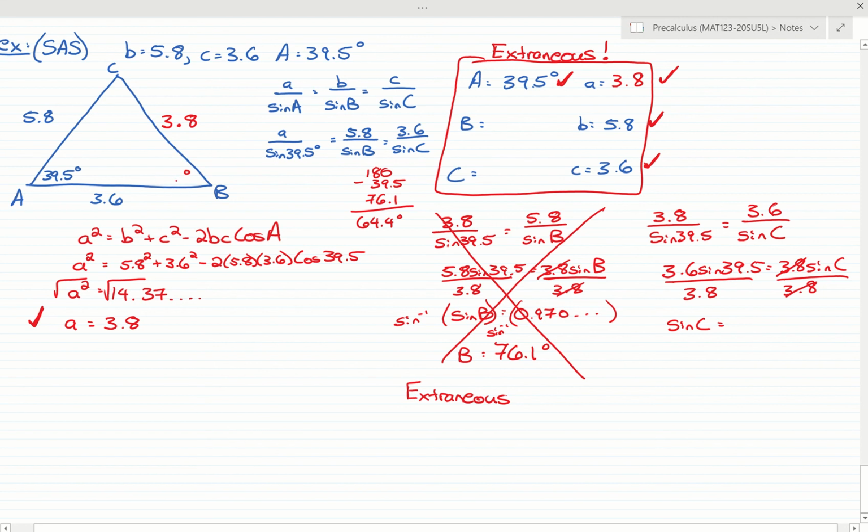So 3.6 times the sine of 39.5 divided by 3.8 comes out to 0.602. And if we take the inverse sine of both sides, we get that angle C is 37.1 degrees.